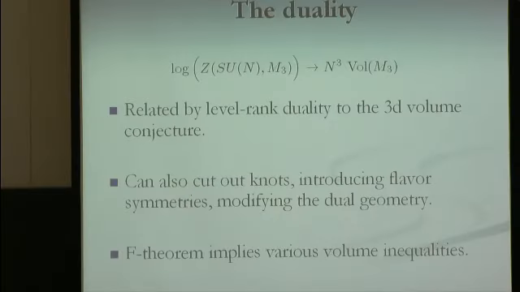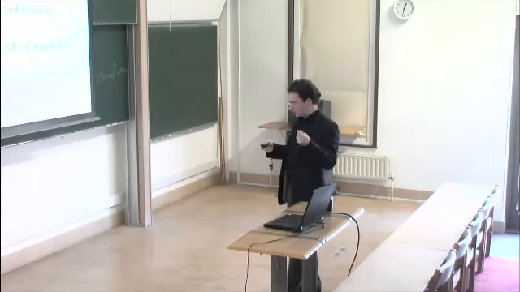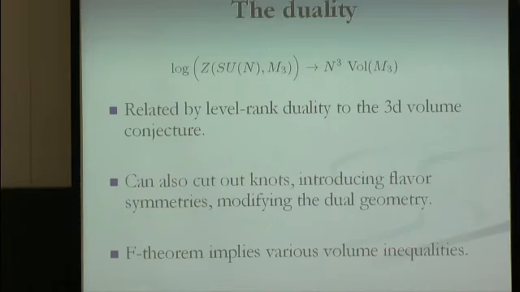And once you have cut out these knots, then you can think about some kind of RG flows, and the F theorem would imply various inequalities of volumes of three manifolds. So you might start with the theory with some knot cut out, so it has a flavor symmetry, and then you deform by real mass, which kills the flavor symmetry, or imagine you add some deformation which breaks the flavor symmetry, then the F theorem will give you some inequality on the volumes.